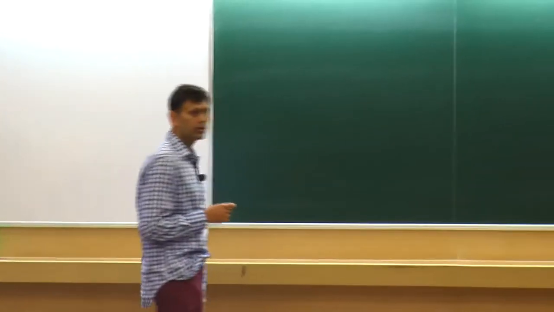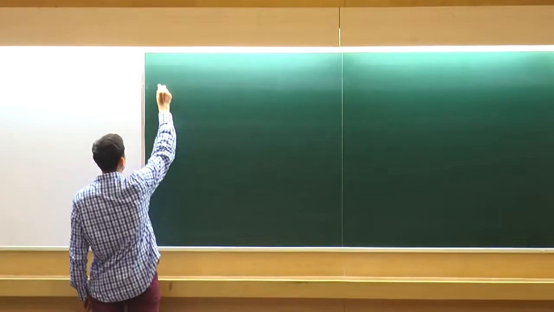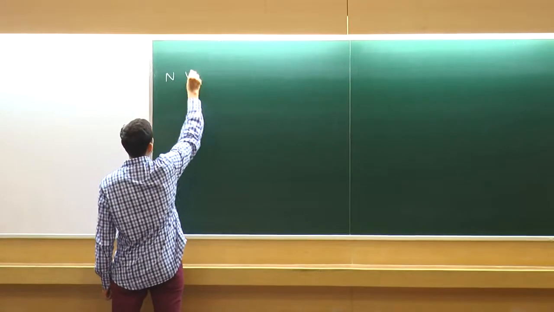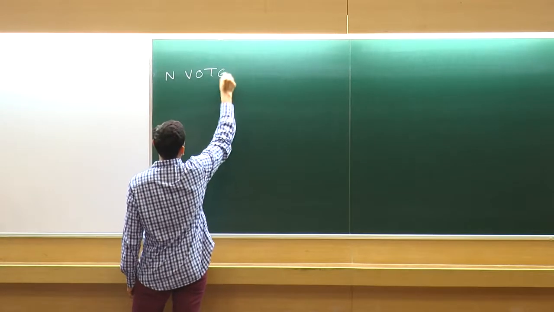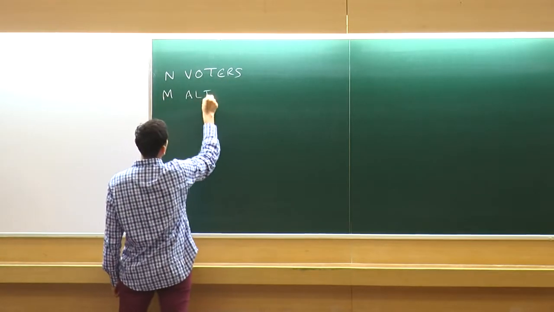So to explain voting rules, I'm going to again assume that I'm given n voters and m alternatives.